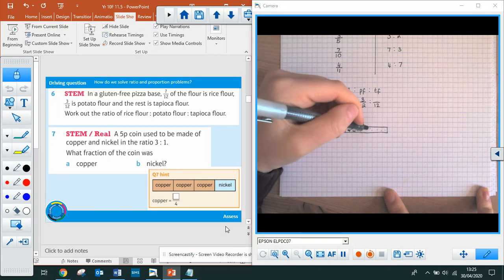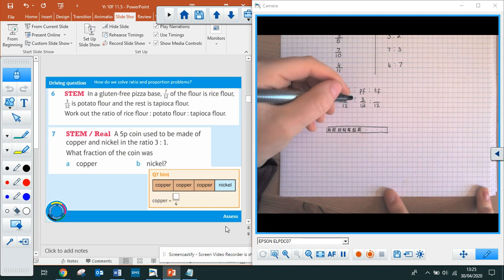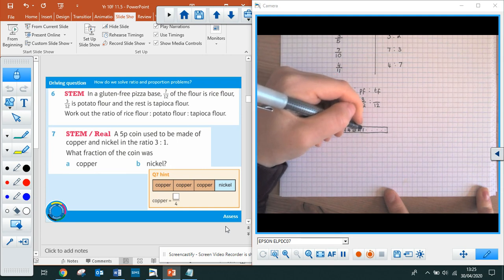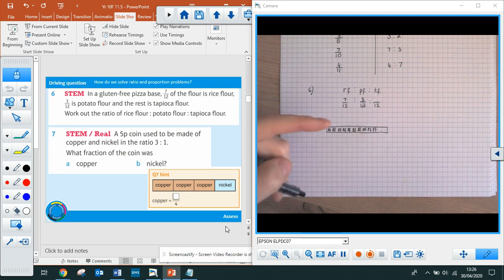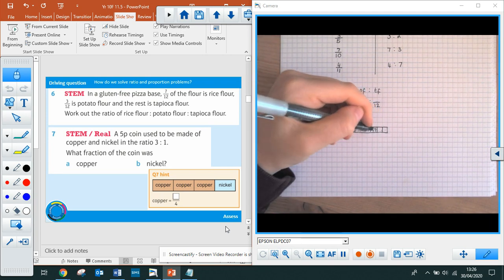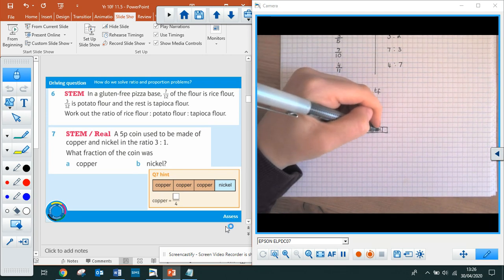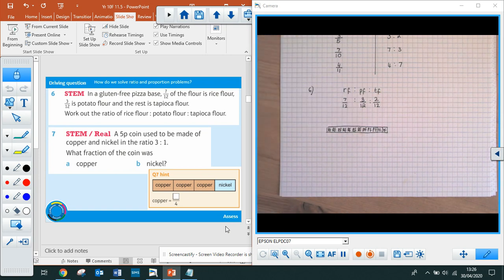Let me just check. 8, 9, 10, 11, 12. Yep, you know 3 are potato flour. 1, 2, 3, and the rest are going to be tapioca flour. Okay, and there's 2 parts left. You can see that there. Okay, so 2 parts are the tapioca flour. So that's the 2 that would go on there.